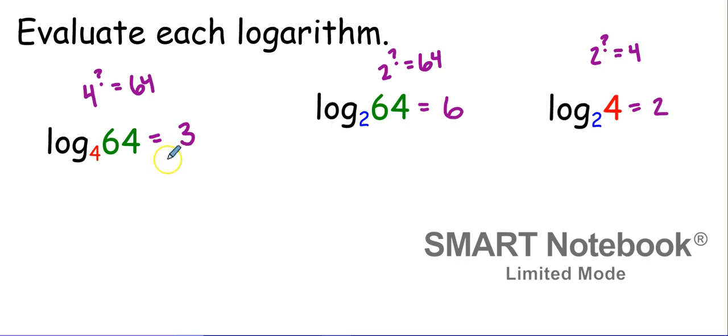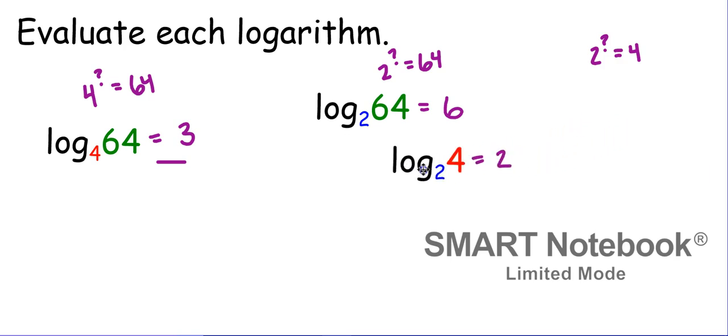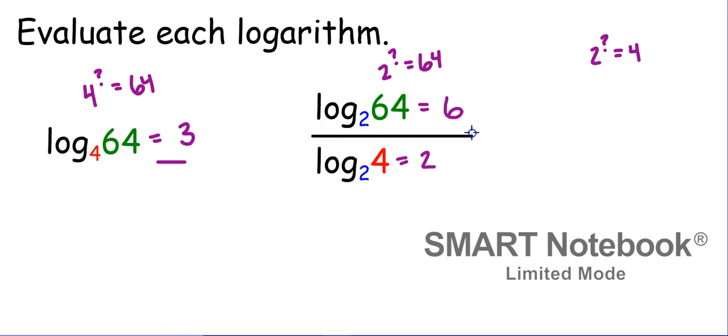So if I take the answer here equals 3, and I move the second log to the denominator and make this into a fraction, this actually gives me my answer. 6 divided by 2 is equal to this answer here.